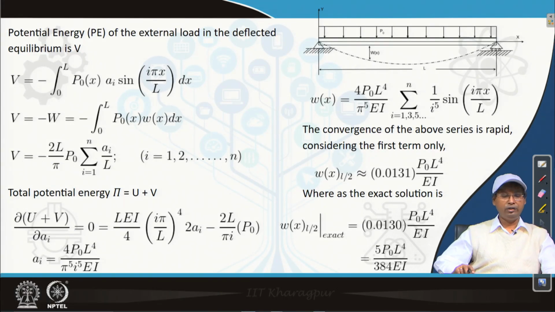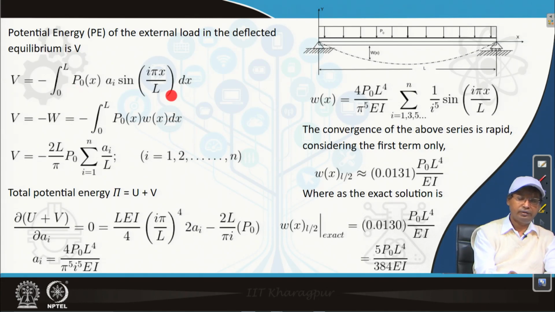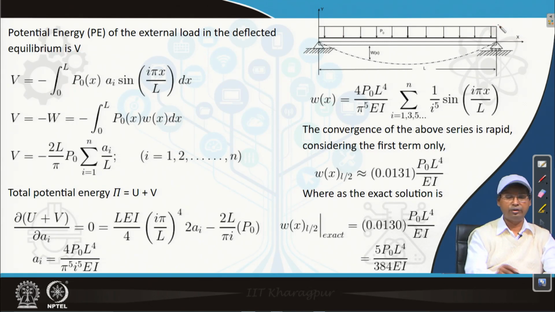The potential energy P E of the external load in the deflected equilibrium is V. So, we need to find that portion also, the portion V of the total potential energy. That comes definitely as minus of load into displacement, that is what is given here: p 0 x, the uniformly distributed load, and the displacement function w x that we have considered.